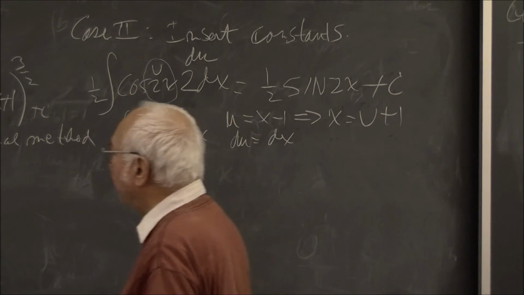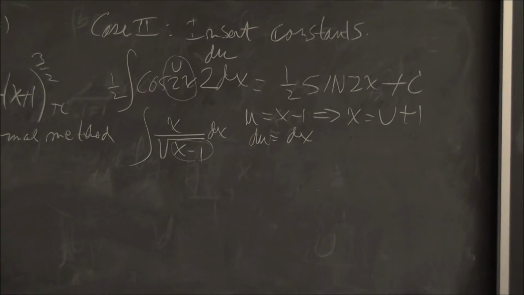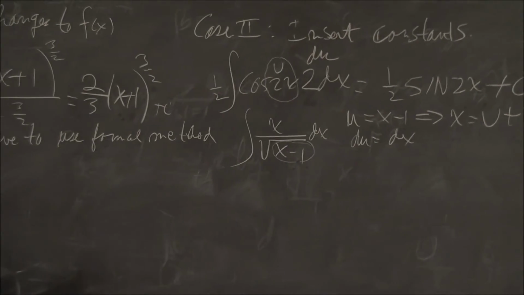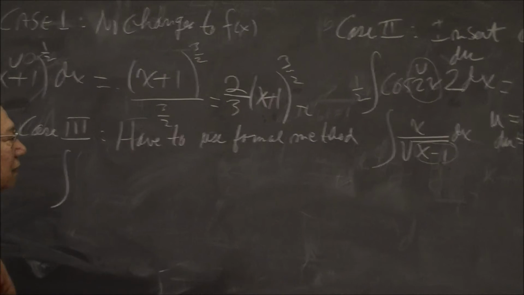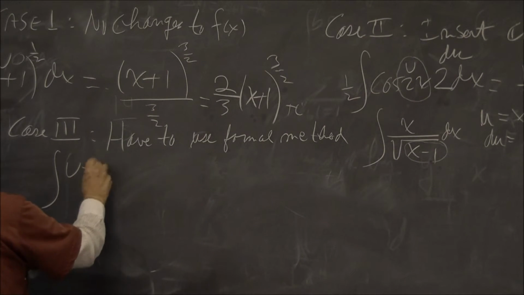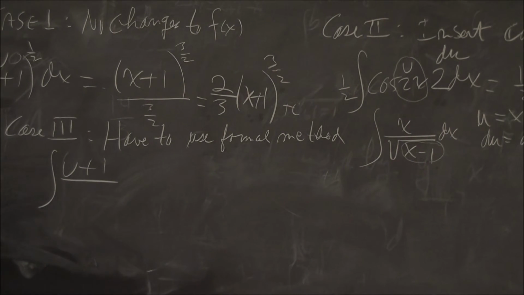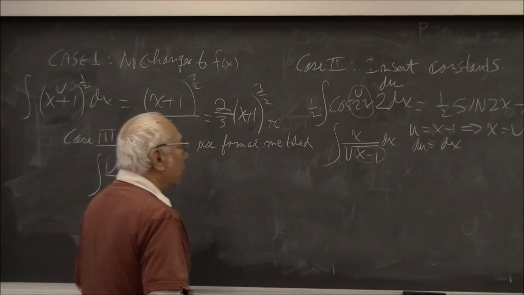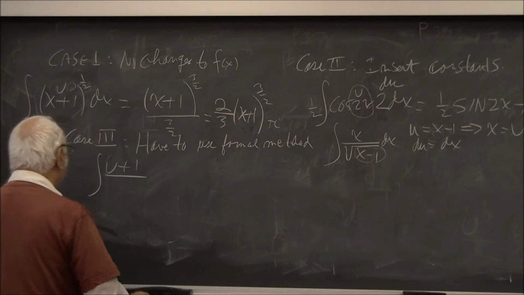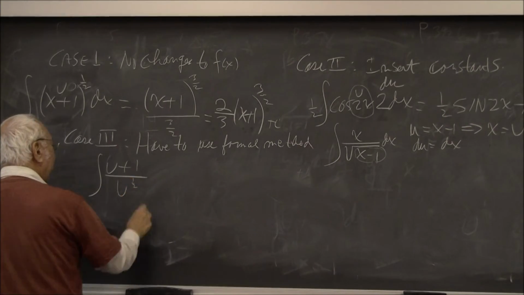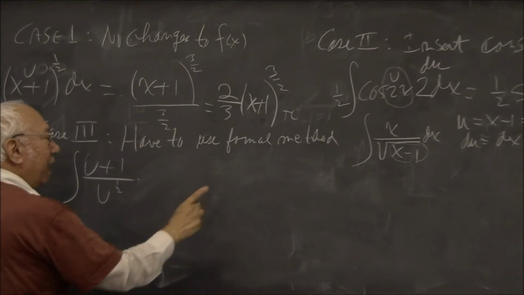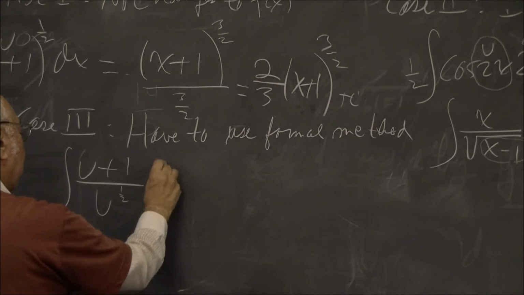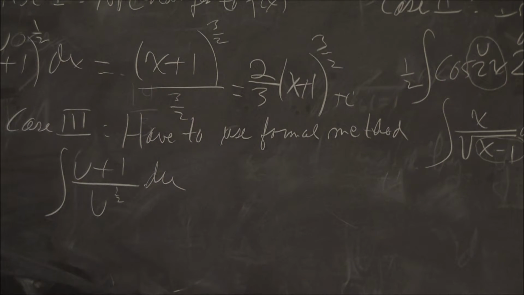So our problem now becomes the integral of x, and x is equal to u plus 1, divided by, this is going to be x minus 1 to the 1/2, but x minus 1 is equal to u, so it's going to be u to the 1/2. And then times, instead of dx, I'm going to put du. So everything is now in terms of u.